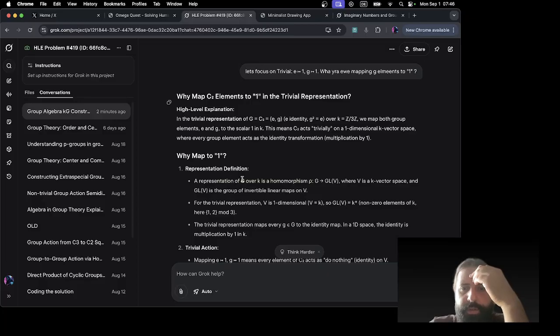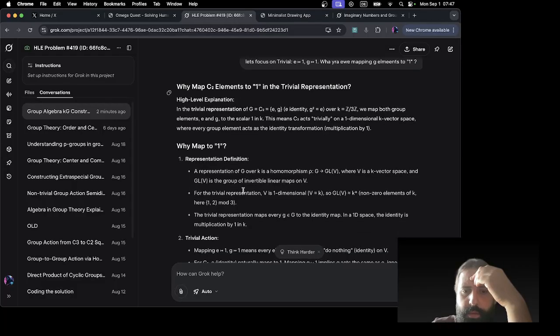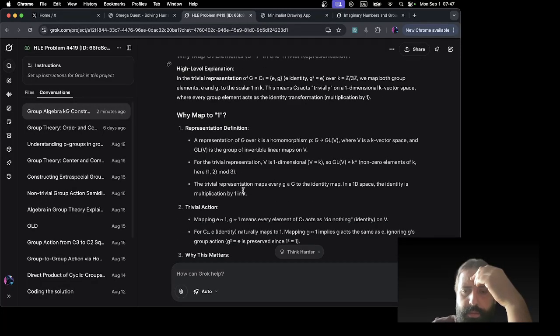A representation of G over K is a homomorphism to invertible linear maps on V. Acts as do nothing.